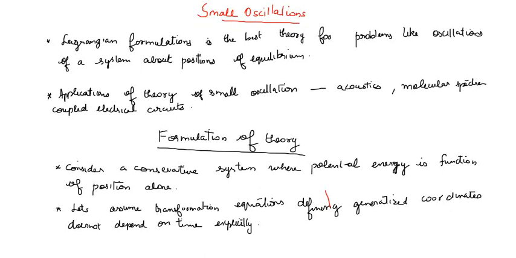Small oscillations. In the last class, we formulated the theory of small oscillations using Lagrangian mechanics. Let us review that theory. Lagrangian formulation is the best theory for problems like oscillations, and the application of that theory applies to acoustics, molecular spectroscopy and coupled electronic circuits which produce oscillations.